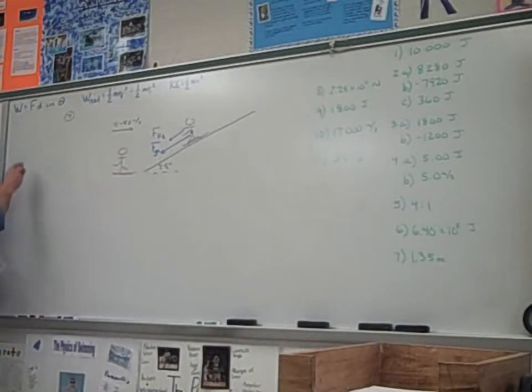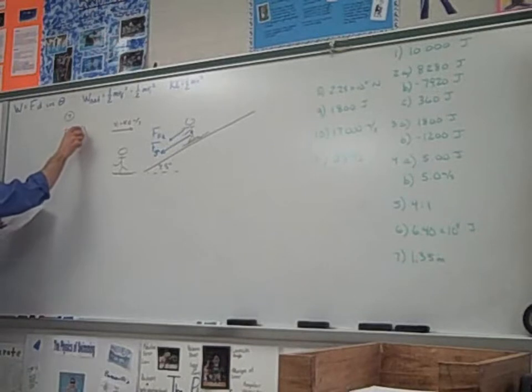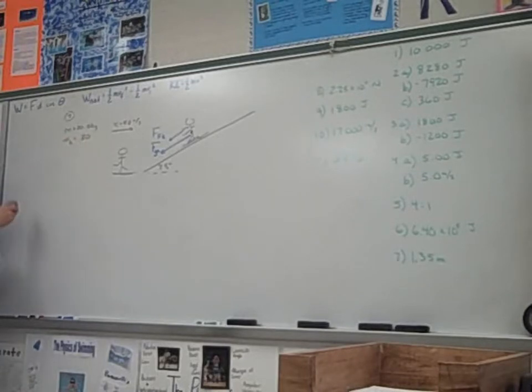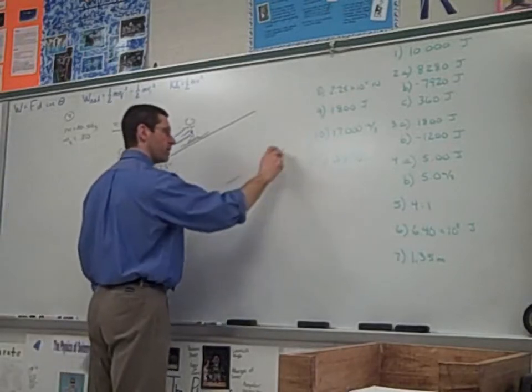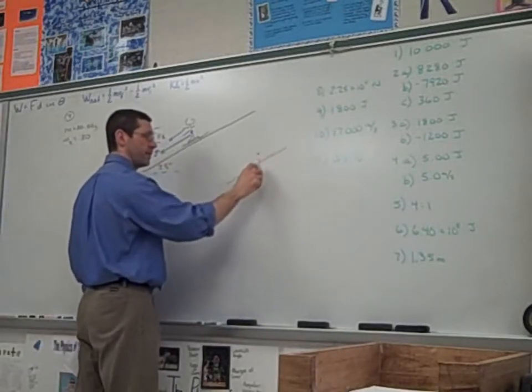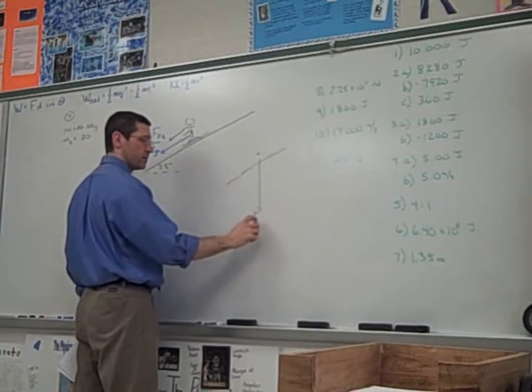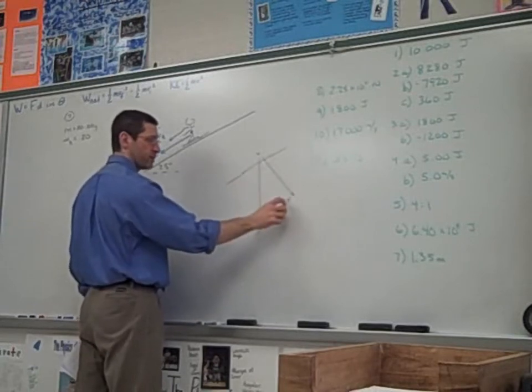So first, let's get FGX. And let me put down that the monkey and the sled have a mass of 20 kilograms, and that the coefficient of kinetic friction is 0.20. So FGX, you remember that when we did problems on an incline, we would have the weight down, and then you had to find your components.